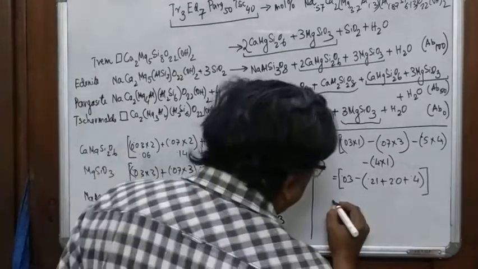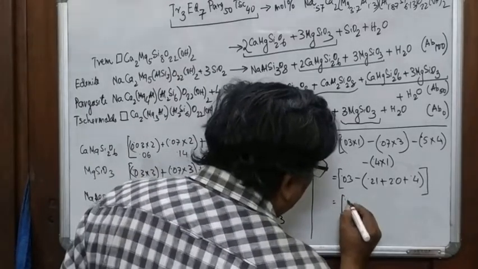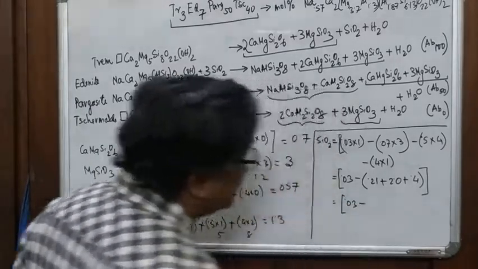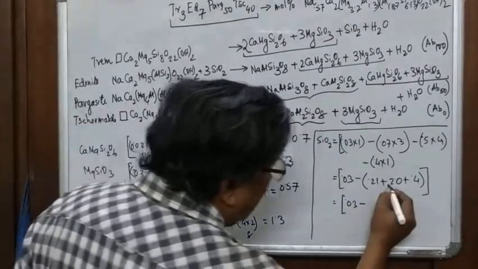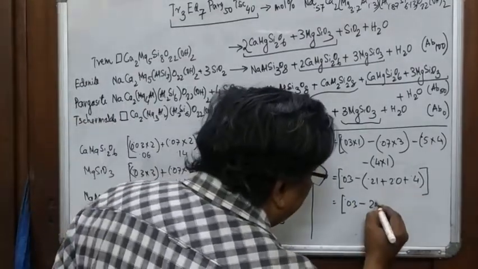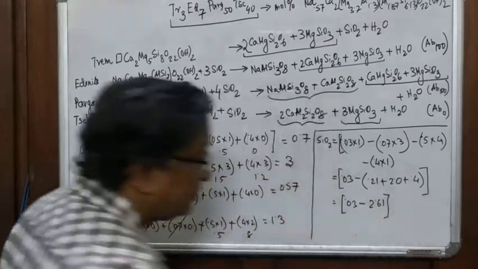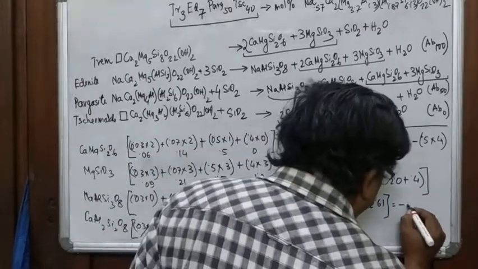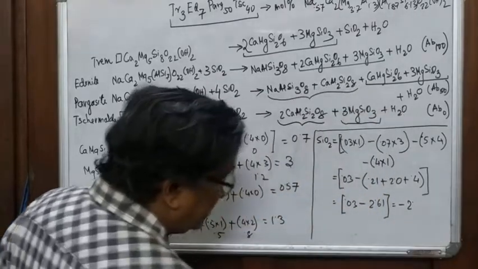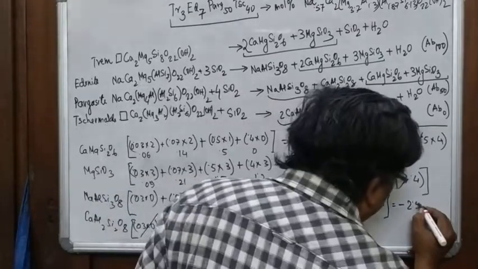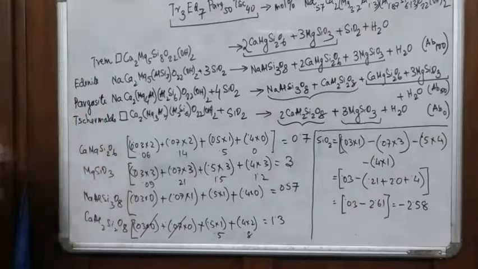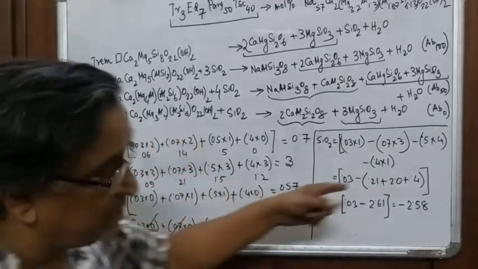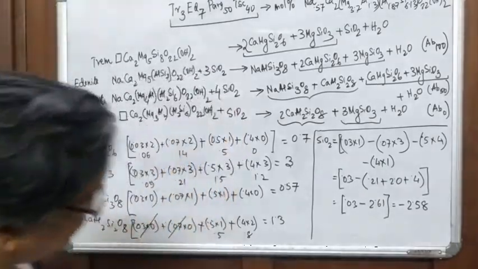So this should be equal to 0.03 minus 2.61, so this should be equal to minus 2.58. So this is what it should be eventually. Please check the calculation, it should balance at the end.